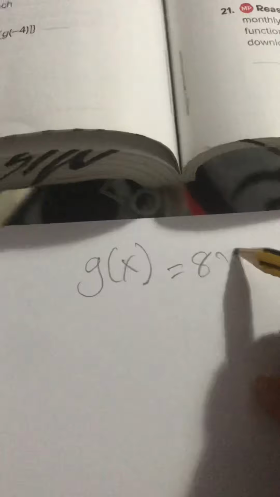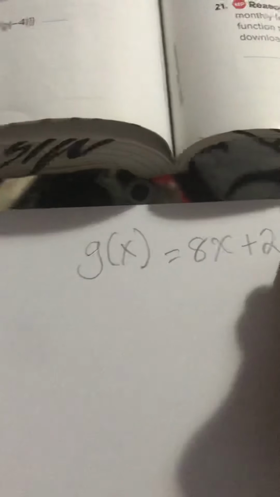So, it says here, if f of x is 4x minus 3. So this is question 13a, page 292. Okay, if f of x is 4x minus 3 and g of x is 8x plus 2.